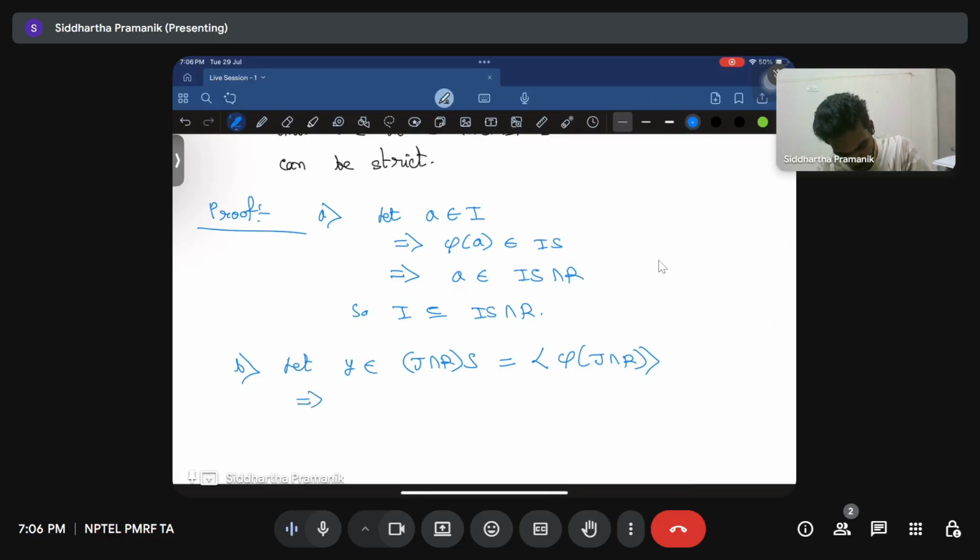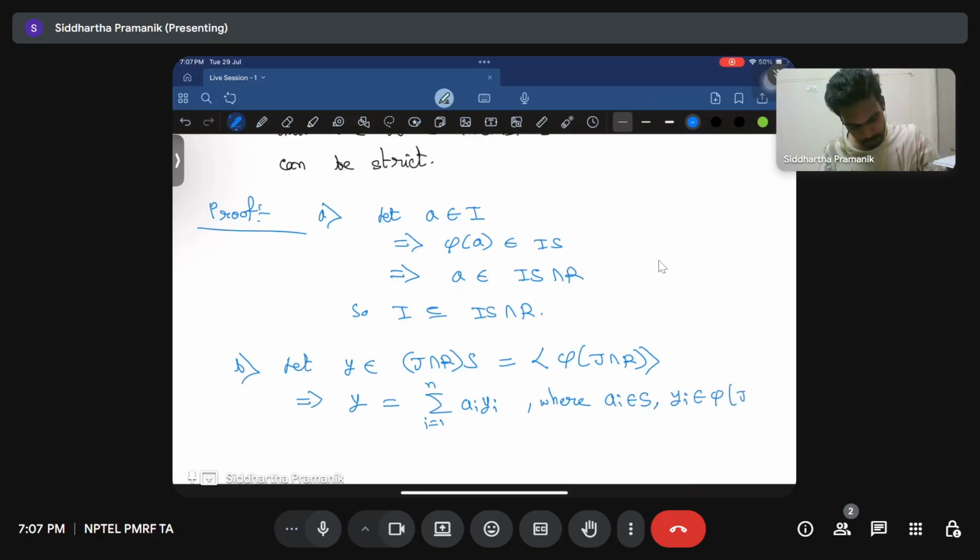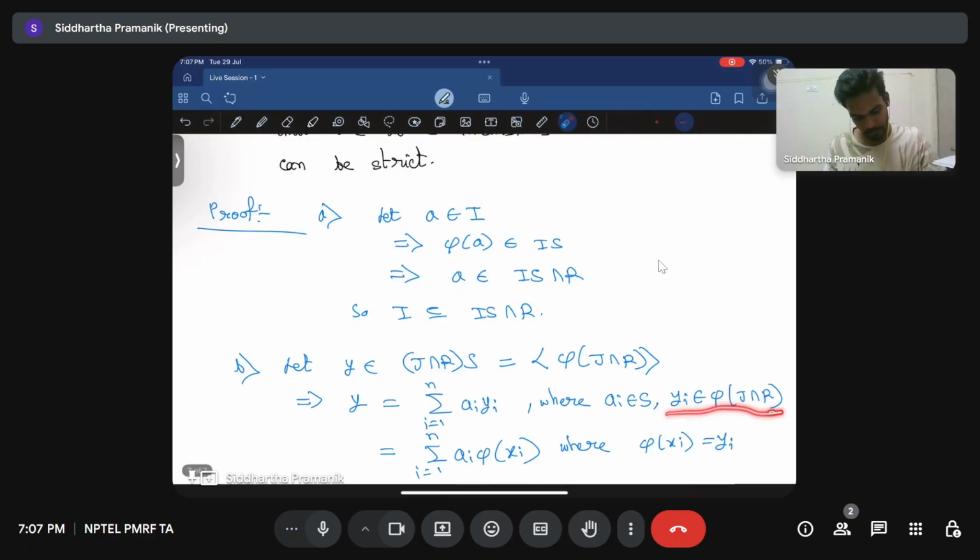So our y must look like the sum of a_i times y_i, i equals 1 to n, where a_i belongs to S and y_i belongs to phi of J intersection R. Then again we can write it as a_i times phi of x_i, i equals 1 to n, where phi of x_i equals y_i, because y_i are in the image, so we can write it like this.